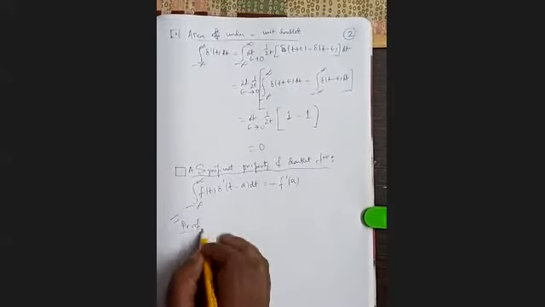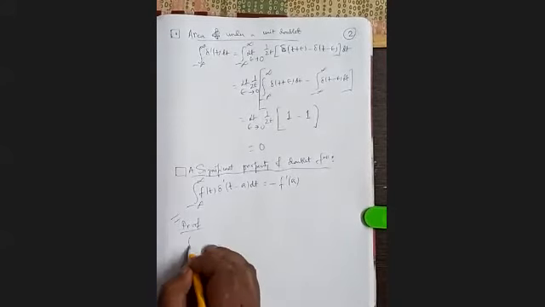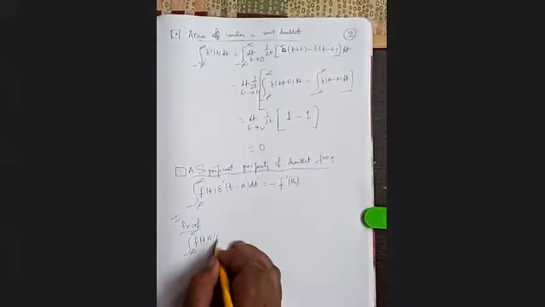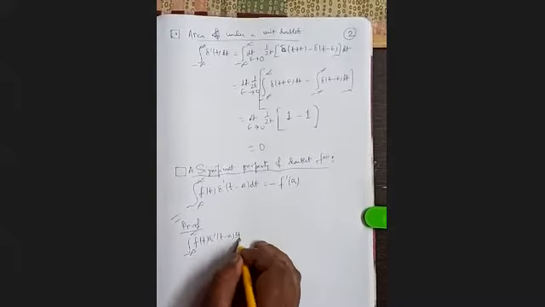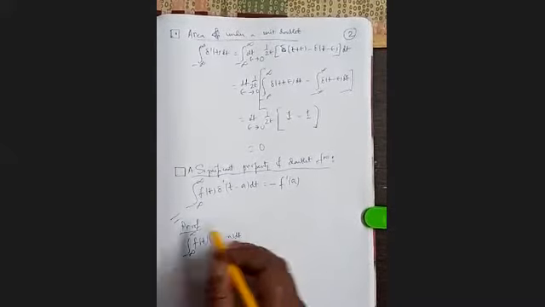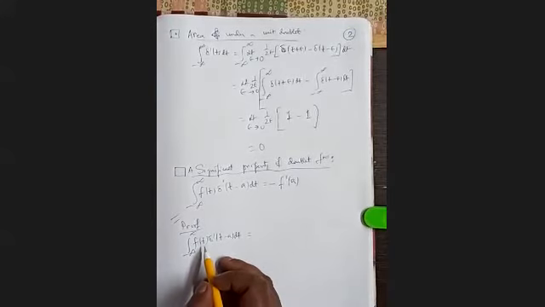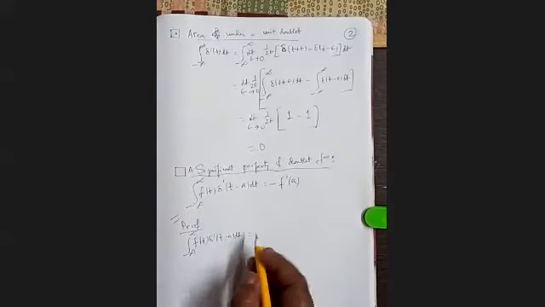Now what is that? Minus infinity to plus infinity of f(t) delta dash (t minus a) dt equal to, now we apply integration by parts. We know it is first function into integration of the second.